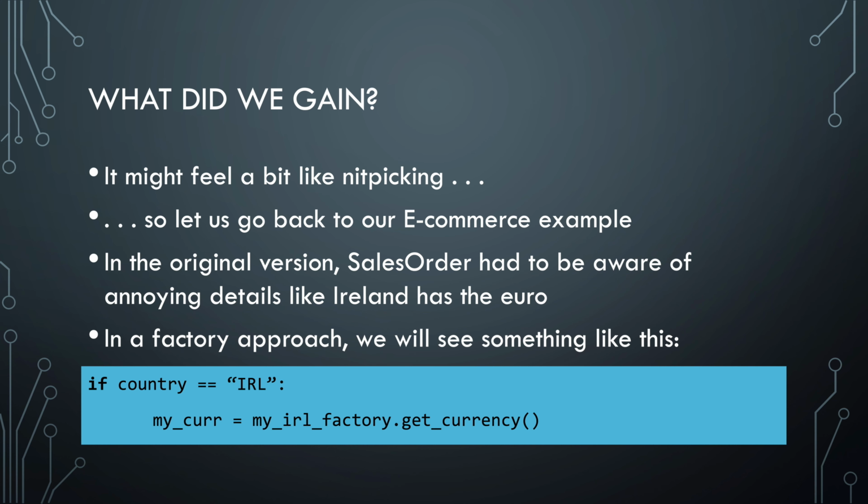And when you go back to the e-commerce example, you can apply this exact same principle. In the original version, sales order had to know about details such as that Ireland uses the euro. In a factory approach, there will be an Ireland factory that takes care of these details.